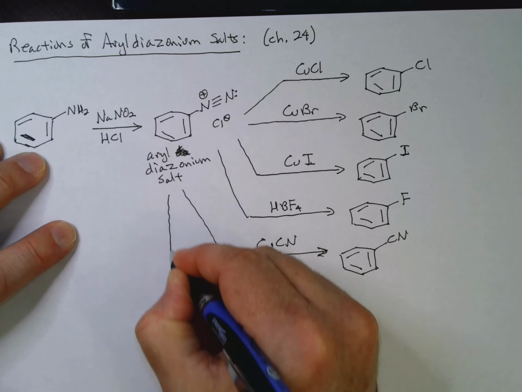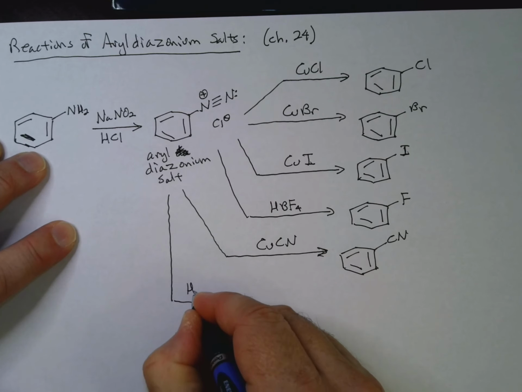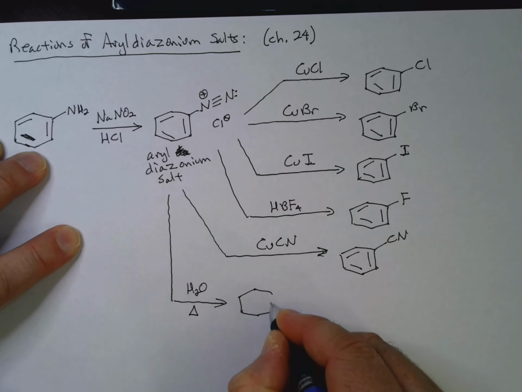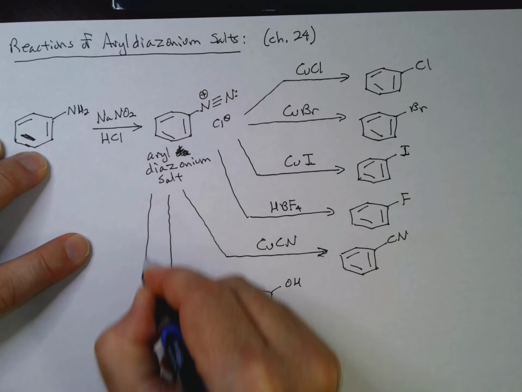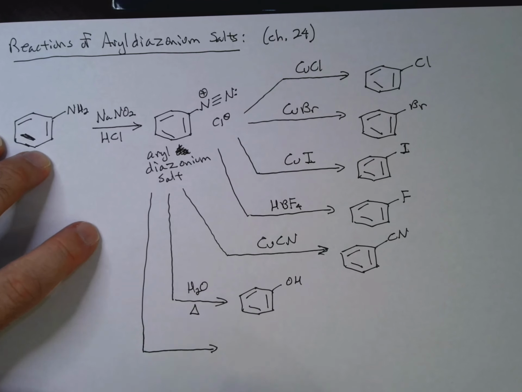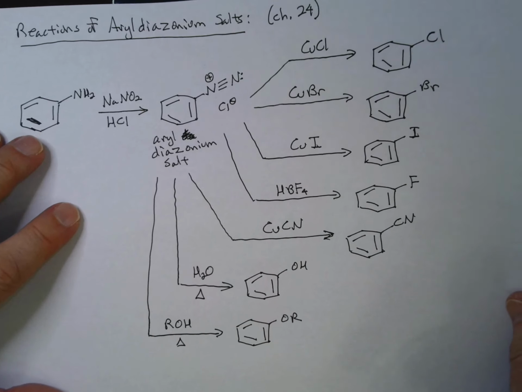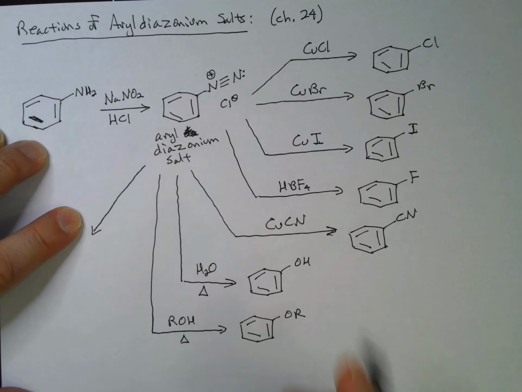And let's go down here and do H2O and heat that up, and now we'll get phenol. We could use another alcohol, so ROH, and heat that up, and that would give us OR, our alkoxybenzene.